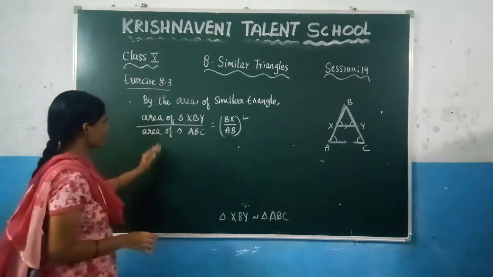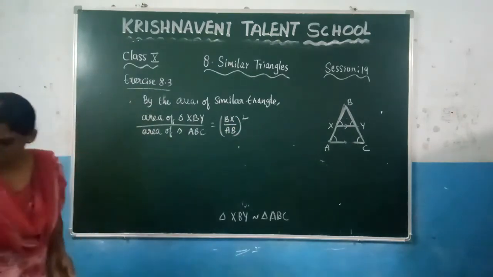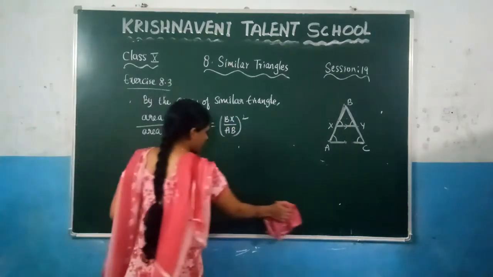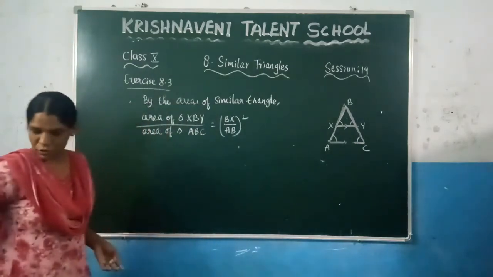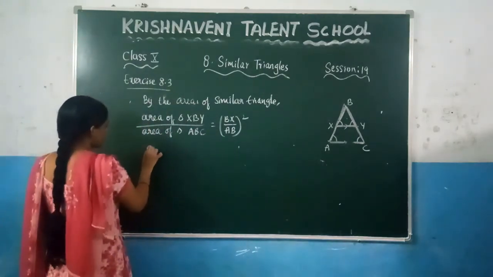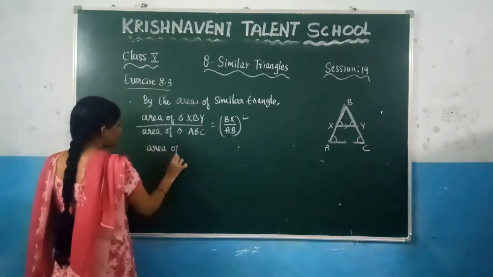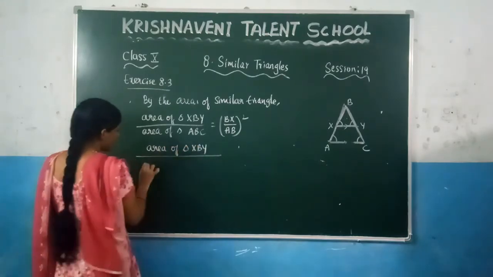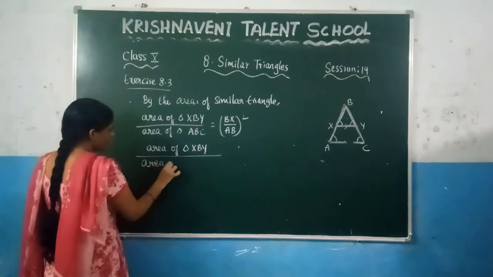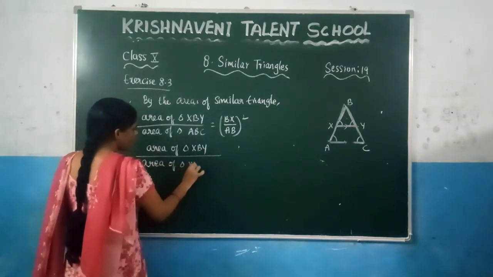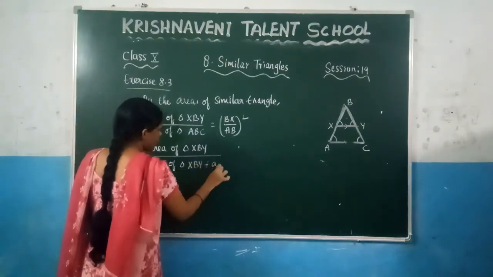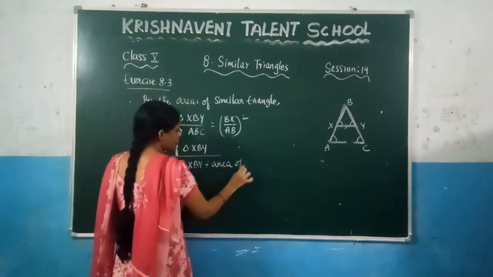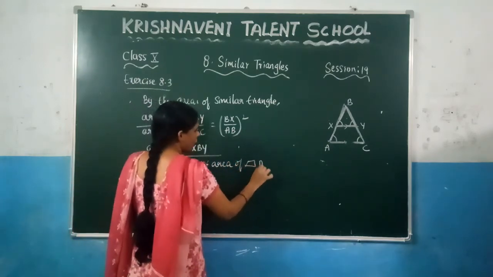Now you can write this one as, just now I have proved, so I am writing here directly, area of the triangle XBY by area of the triangle XBY plus area of the trapezium AXYC.